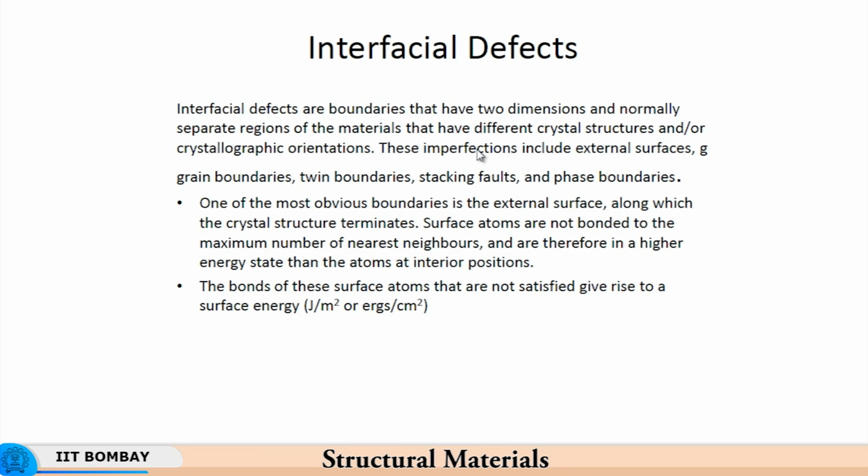Now let us take interfacial defects, which are two-dimensional defects, such as grain boundaries, twin boundaries, stacking faults, and phase boundaries. We will come to these definitions later. We have seen the concept of a grain, where you have an orderly arrangement of atoms up to a point where an orderly arrangement in some other orientation disrupts the orderly arrangement in one particular orientation.